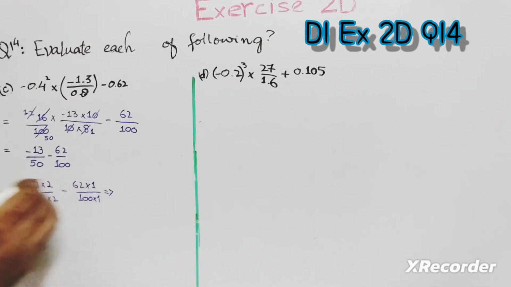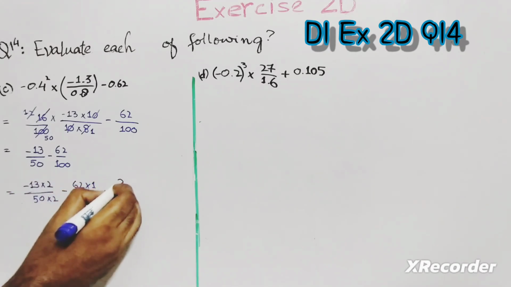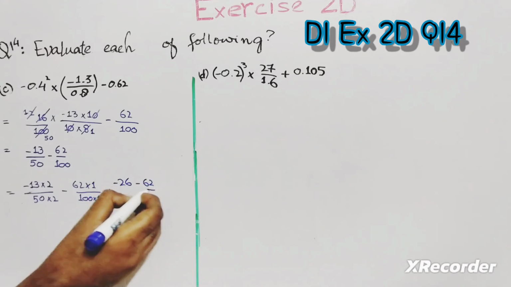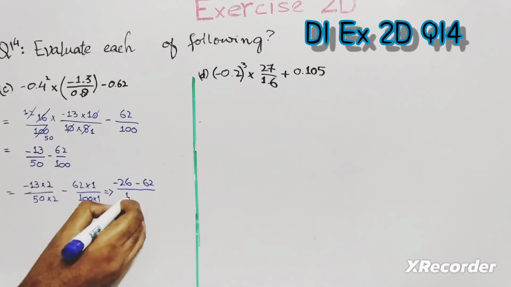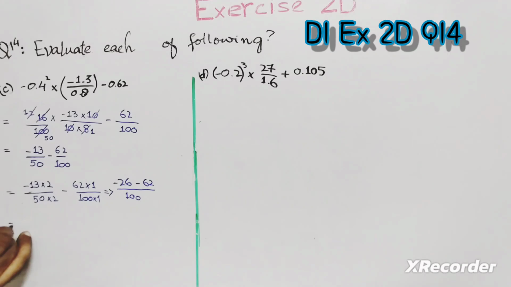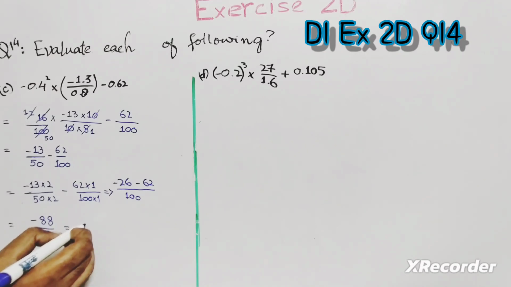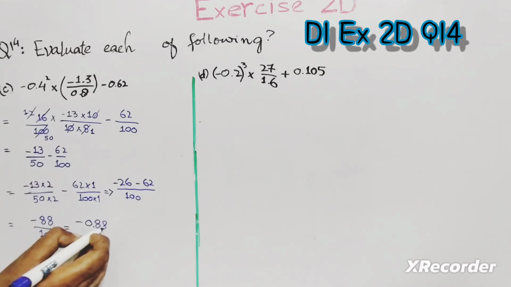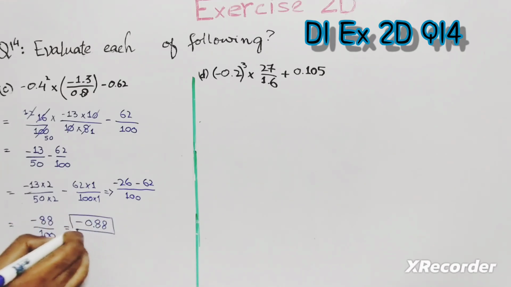What we get is minus 26 minus 62 over 100. Or we can write it as the required answer.